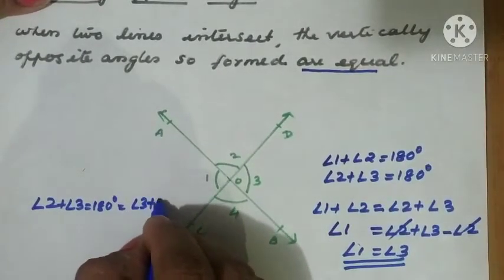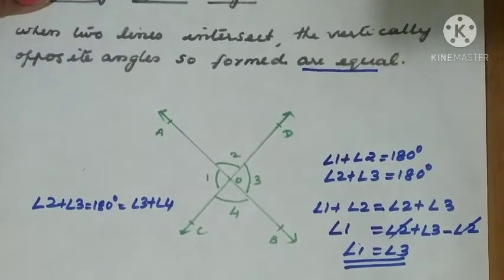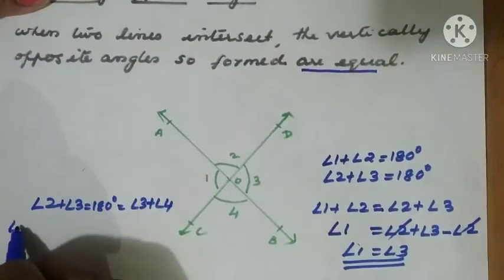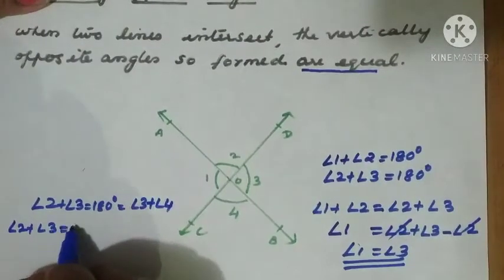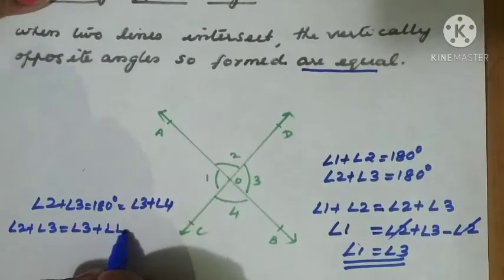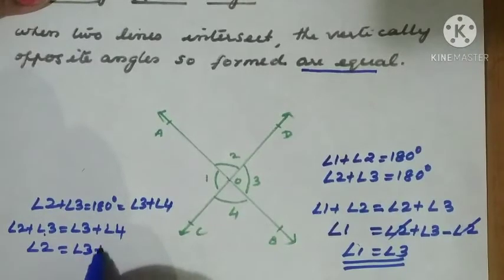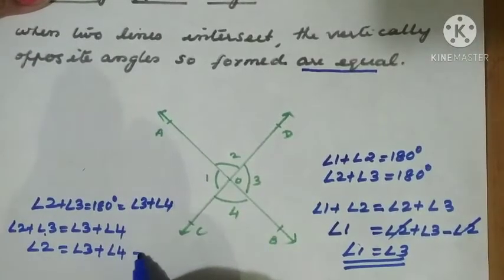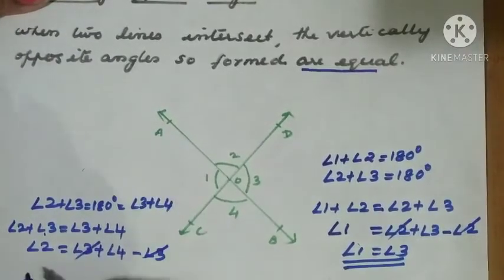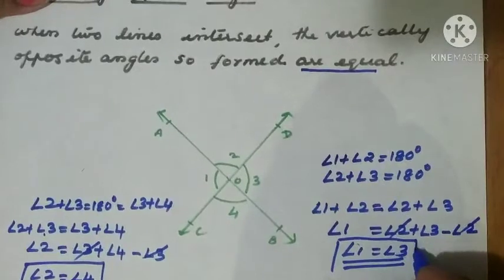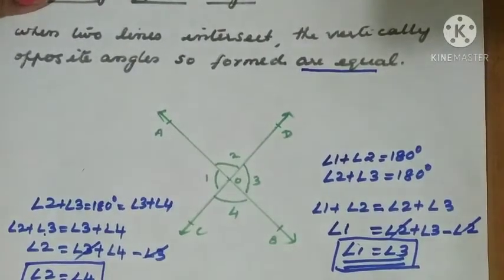Angle 3 plus 4 is also 180 degrees only, because it is also another linear pair. That means angle 2 plus angle 3 equals angle 3 plus angle 4. Now 3 I am taking to that side. Angle 2 equals angle 3 plus angle 4 minus angle 3. So vertically opposite angles are equal, we got.